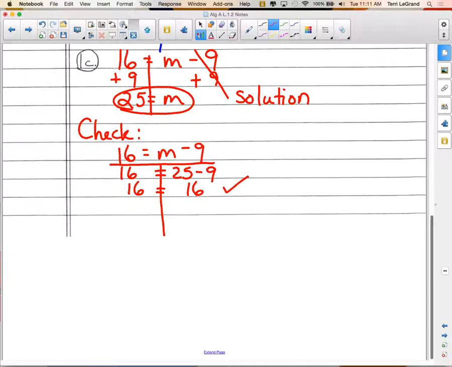No. What is 1 minus 5? Negative 4. So would they have the right solution? No. This means, uh-oh, something went wrong. I don't have a true statement. 4 does not equal 4. That's not true. So it does not check. I better go back and rework the problem. That's why we do check problems, okay?